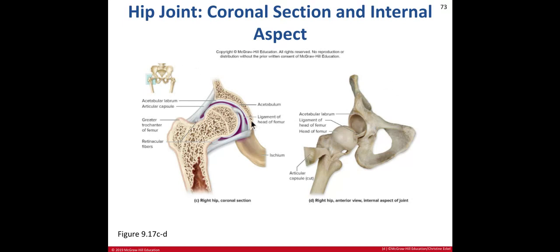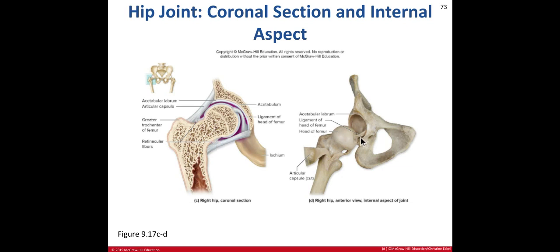You can see that we've got the head of this femur going into this socket here in your os coxa. You've got this ligament attaching from the femur to the bones here, as well as from the acetabulum and the ischium and ilium here.